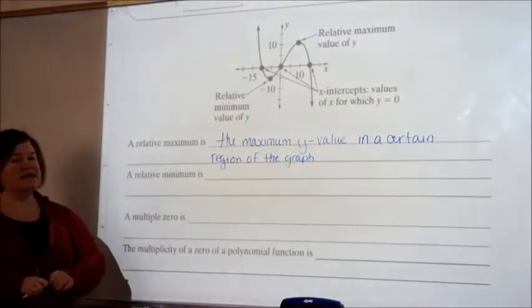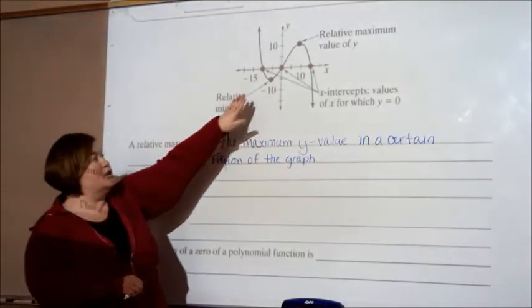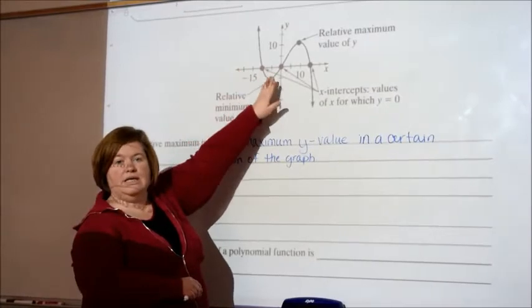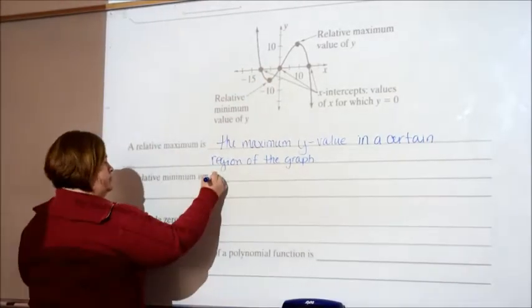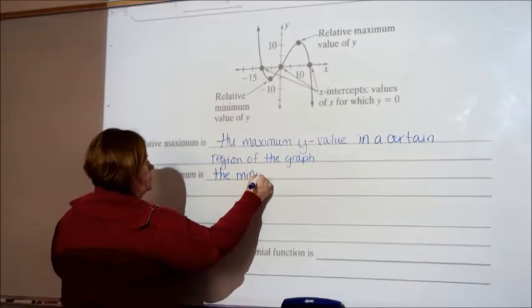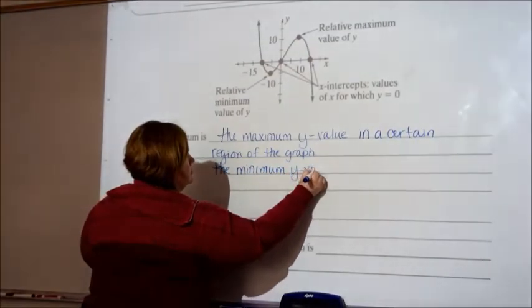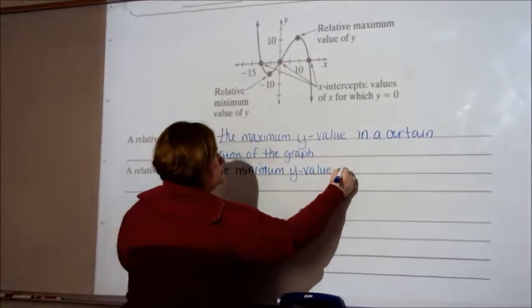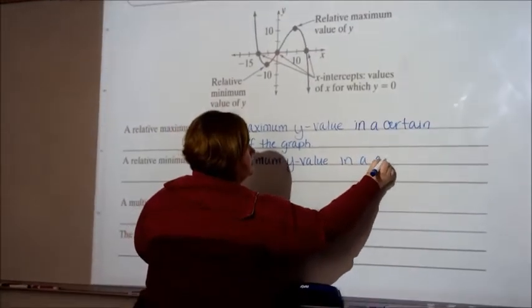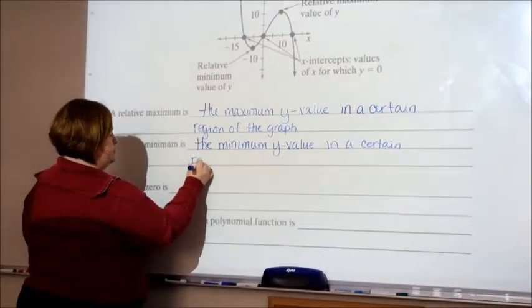All right, a relative minimum is related to a relative maximum. It's the smallest y value, but only in a given region of the graph. So the minimum y value in a certain region of the graph.